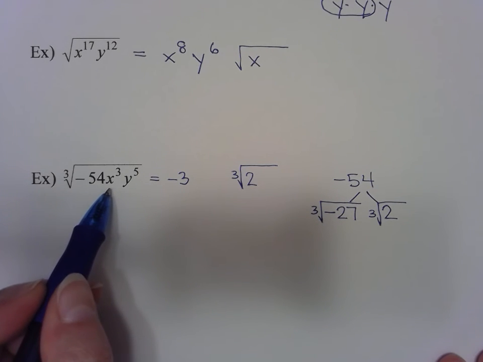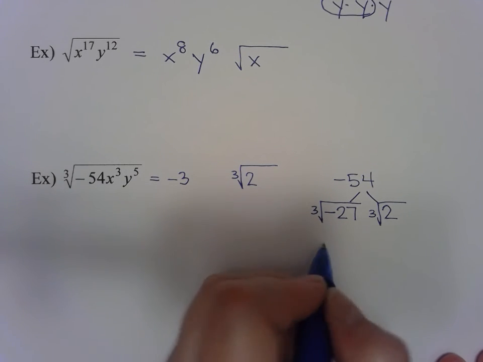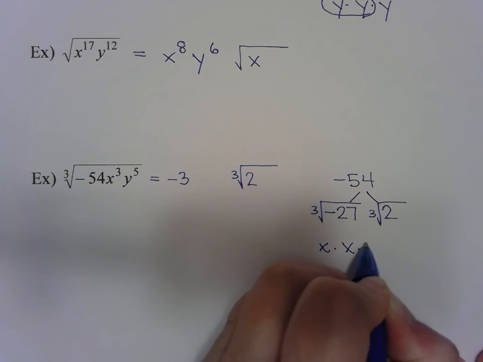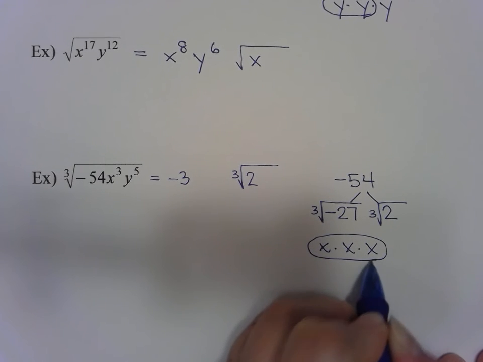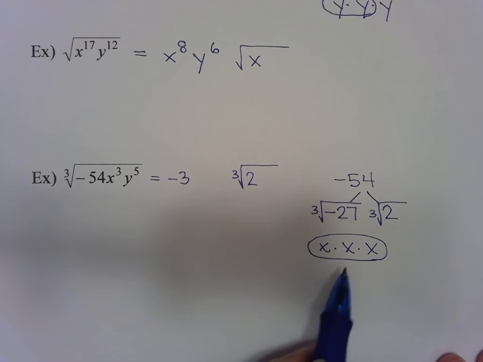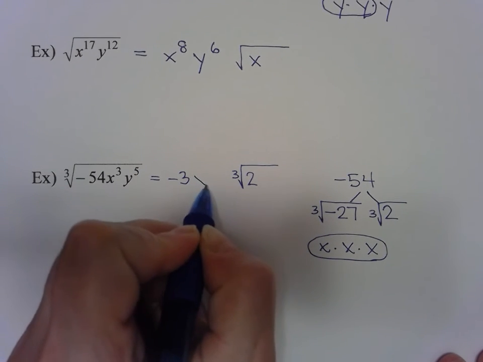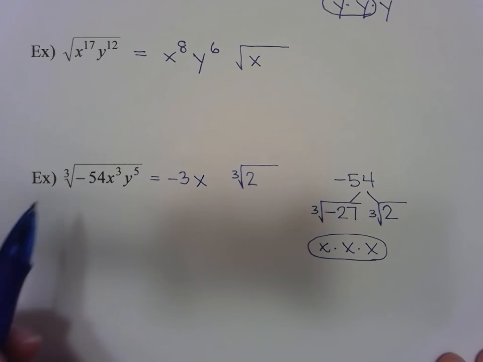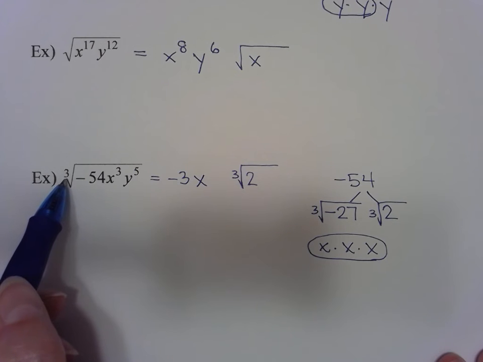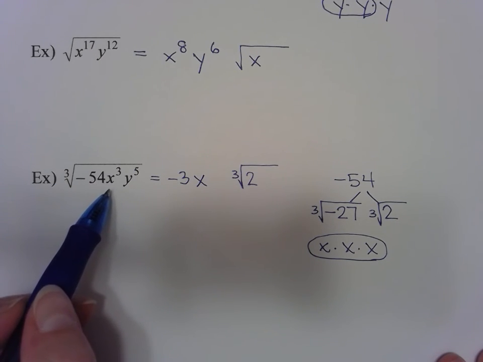How many x's can come out? For a cube root, I'm looking for groups of 3. So I have 3 x's, that's one group of 3. So one x can come out. When I do a cube root, it's like an exponent of 1/3. So I'm dividing the exponents by 3 now.